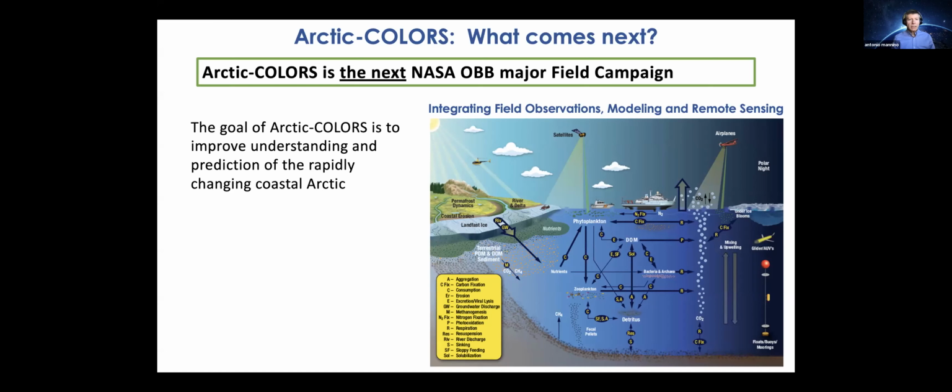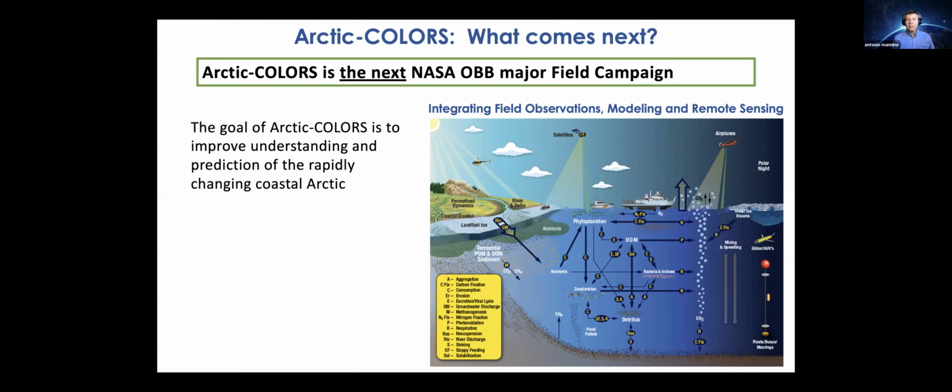Just to remind you all that our goal is to improve our understanding and prediction of the rapidly changing coastal Arctic. You've seen this graphic earlier this week. It's obviously in the science plan as well, but our aim is to integrate field observations, modeling, and remote sensing. Truly integrate. Because this is largely coastal, we have access to airborne remote sensing.